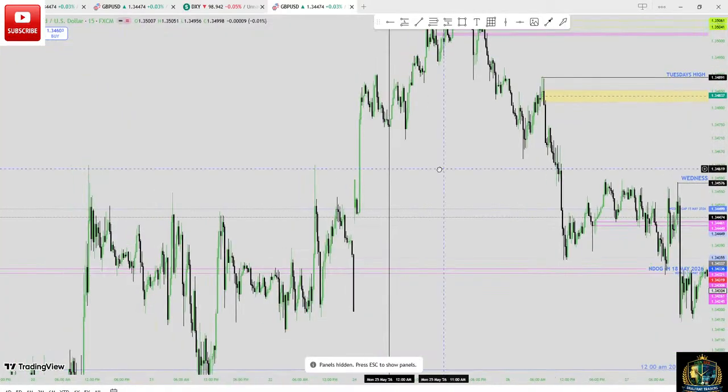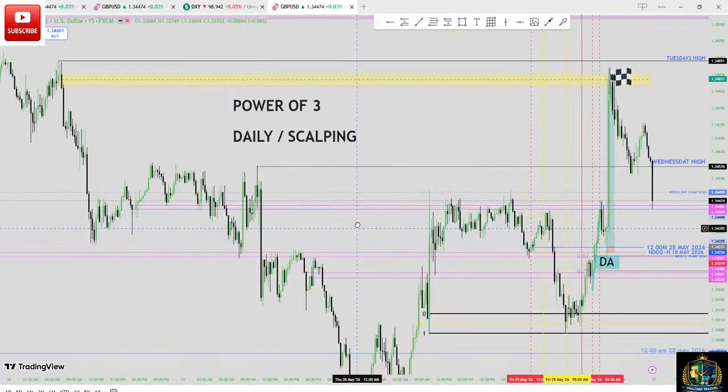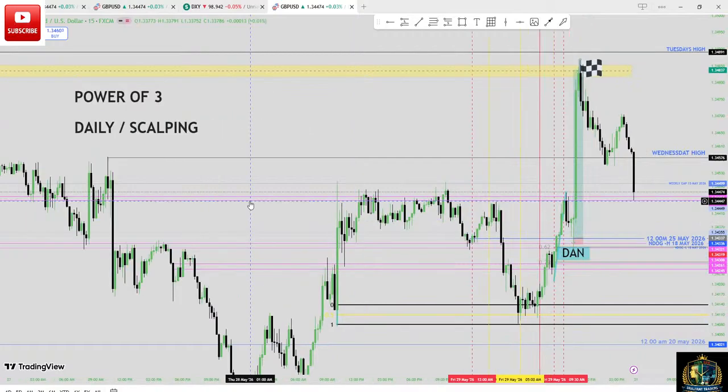Here is 15 minutes time frame. Here is where market opens. They go up. Every purple line you are seeing on my chart means new day opening gap.